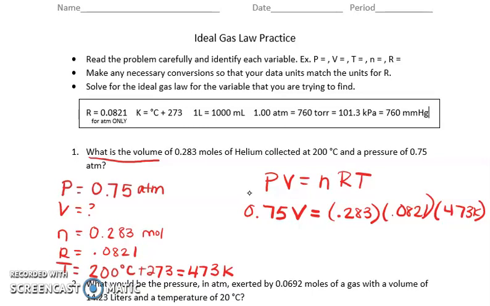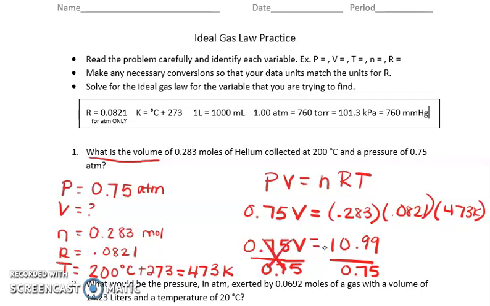So now I can solve for the unknown variable V that I have. I'm going to start by multiplying all three of these, which is going to give me 10.9898. So I'm going to round that off to 10.99 equals 0.75 V. So I want to get V by itself, so I'm going to divide both sides by 0.75.